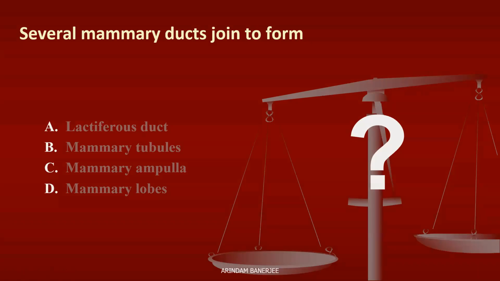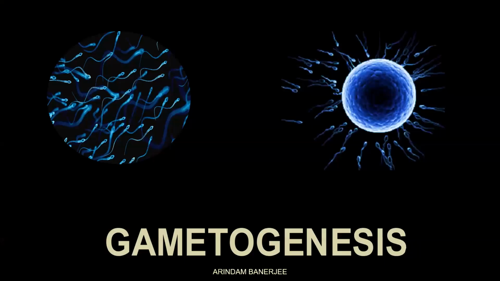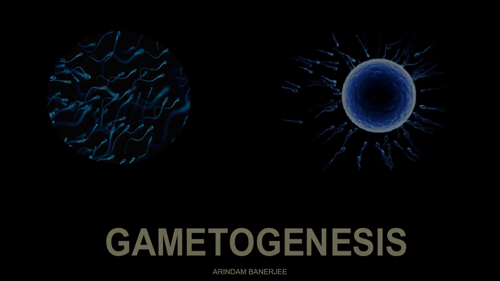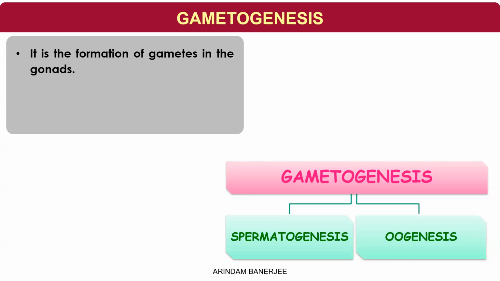Now, the next part of that chapter is gametogenesis, and you can expect one question from this portion. Gametogenesis is basically divided into spermatogenesis and oogenesis. That means formation of sperm and formation of ovum. So please write down with me in your copy, because that is very important for your board-based concept.